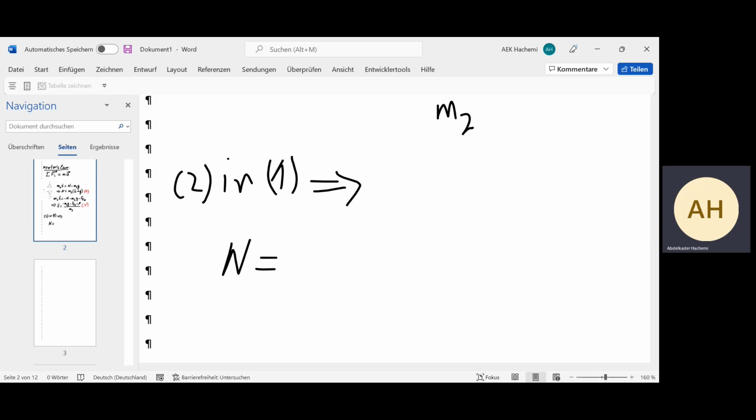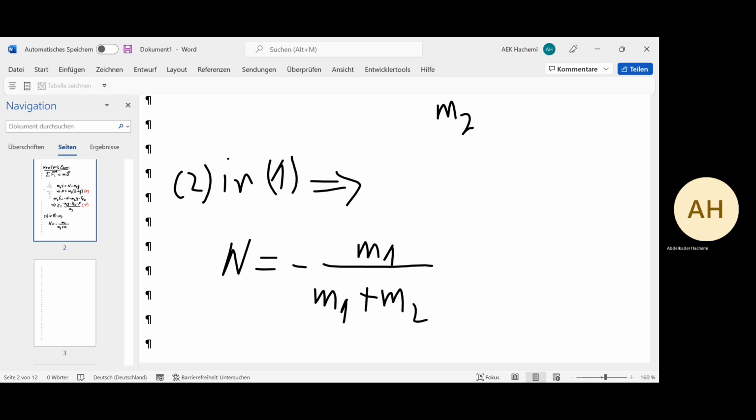to minus M1 divided by M1 plus M2, the spring force FFA.